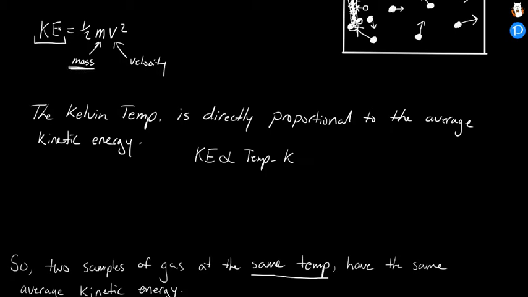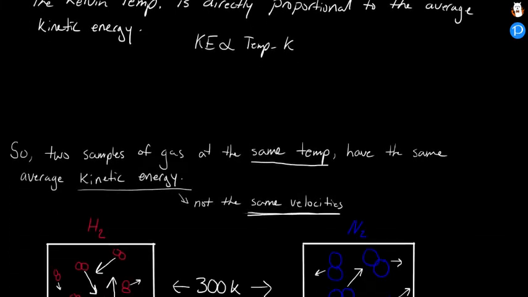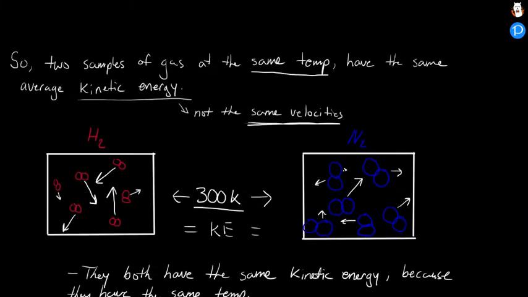The kinetic energy is the same for each one, but notice that these molecules of nitrogen are much bigger. Nitrogen has a bigger molar mass than hydrogen does, so these hydrogen molecules are much smaller. And so these H2 molecules, on average, are going to have a lot higher velocity.